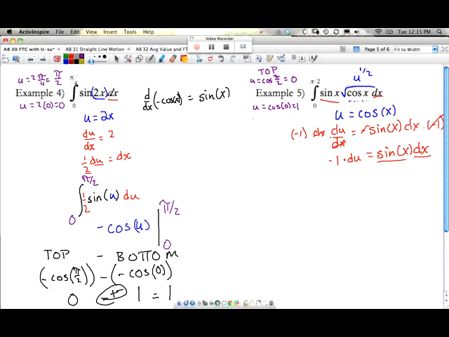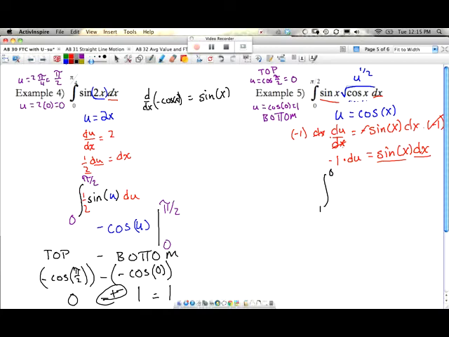Again, recognize that even though we translated, now it looks like we're almost going backwards with our area because we're starting at a higher number and ending at a lower number. So when I translate this, it looks like it's almost upside down. So I'm going to go from 1 to 0, and this is in terms of u.